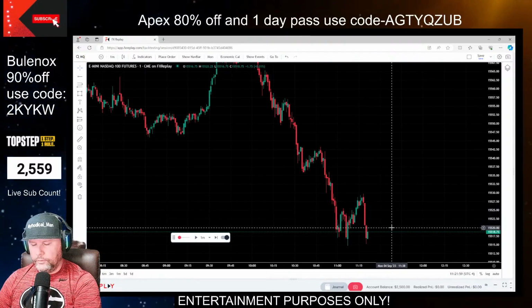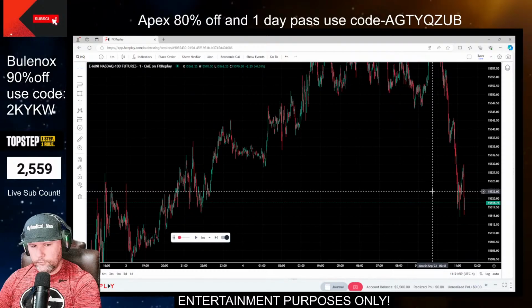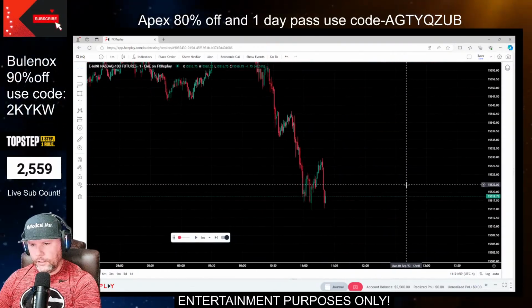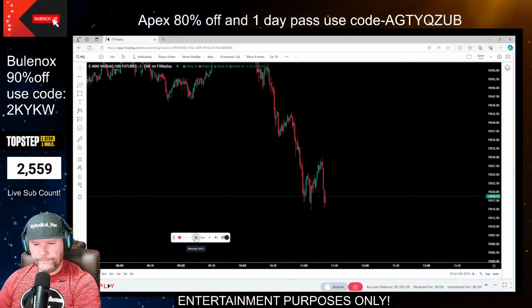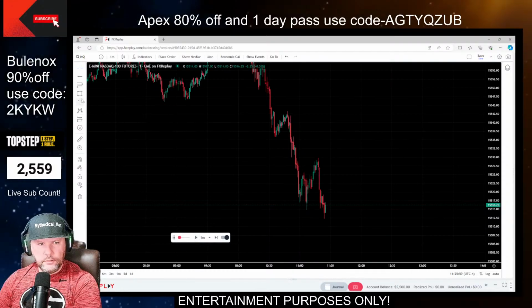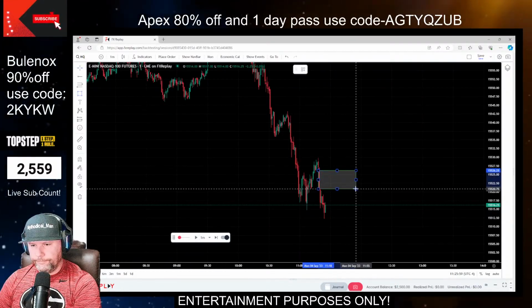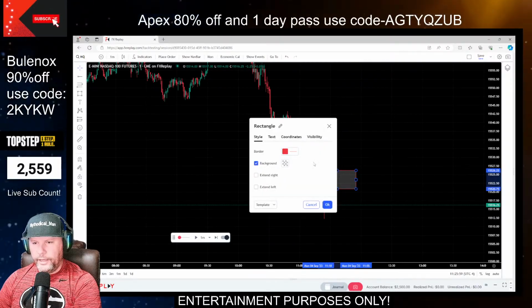This one's not horrible. I would like for this to sweep a little liquidity first, though. Let's see. Like that. Now maybe we'll watch this one. Let's make it red.